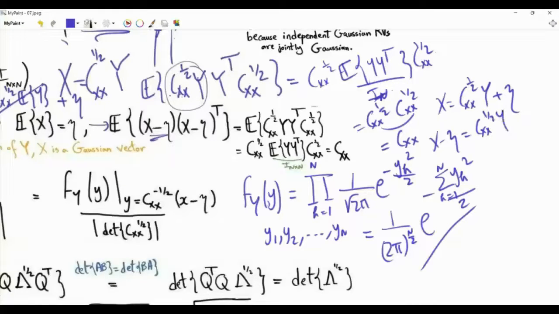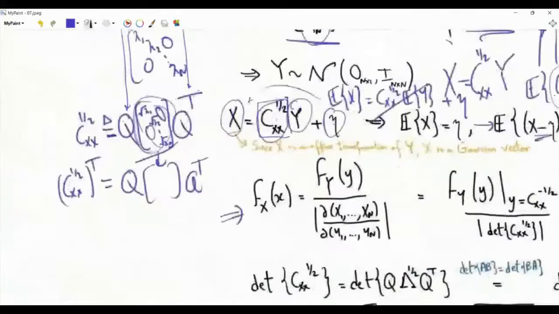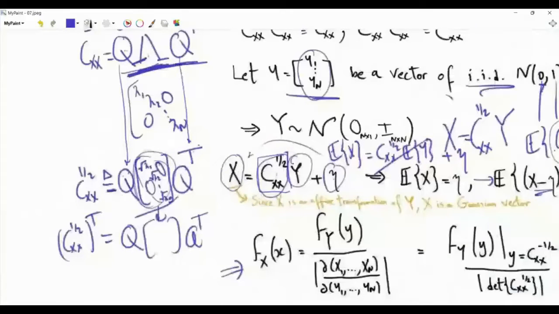And now you can see why we need the matrix to be invertible. We'll multiply by the inverse of this matrix. And this matrix is invertible, right? Cxx to the 1 over 2 is a matrix with this eigendecomposition. The eigenvalues are strictly positive, and the determinant is strictly positive.